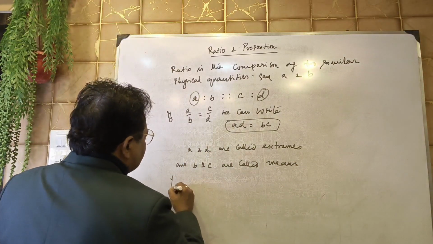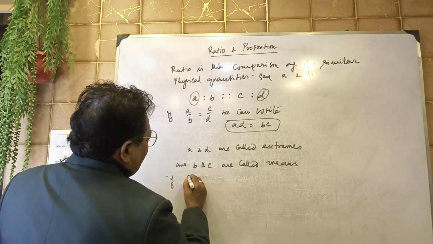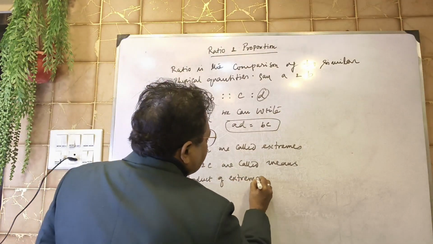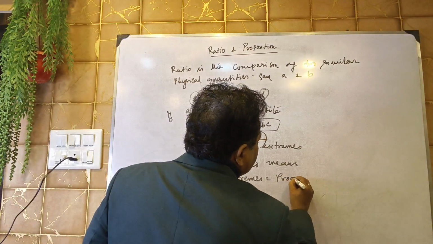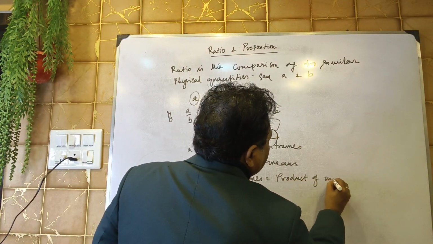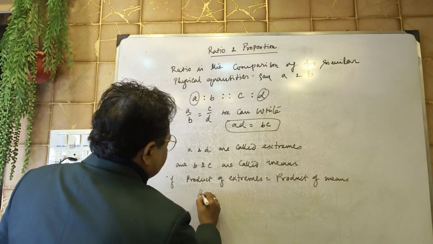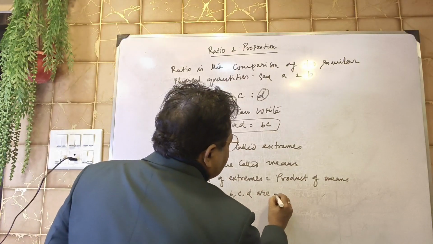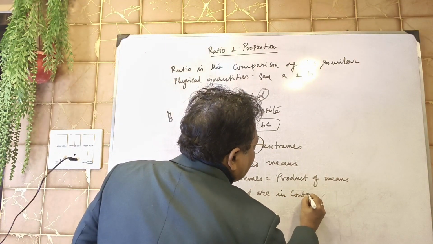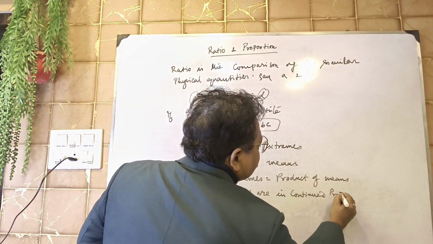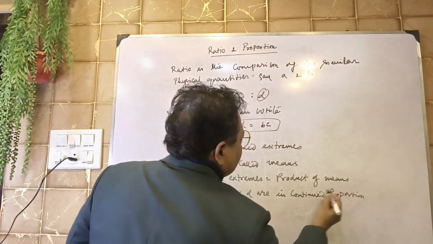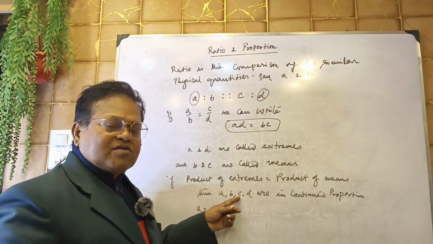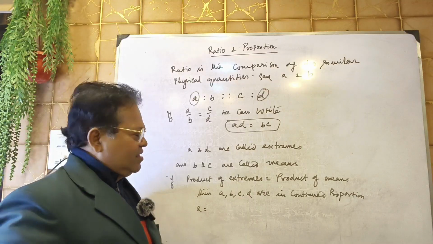That means if the product of extremes is equal to the product of means, then A, B, C, D are in proportion, where A is called the first proportion, B is called the second proportion, C is called the third proportion, D is called the fourth proportion.